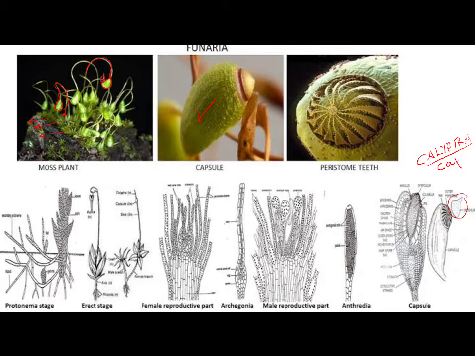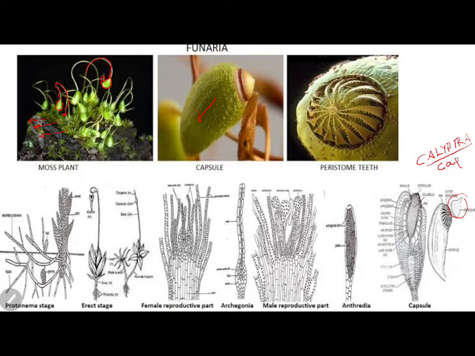Here also, after the haploid spores are produced inside the capsule, it starts drying with its tissues and the spores will be ready to be dispersed. Because of the drying, what happens? A pressure builds up inside the capsule.